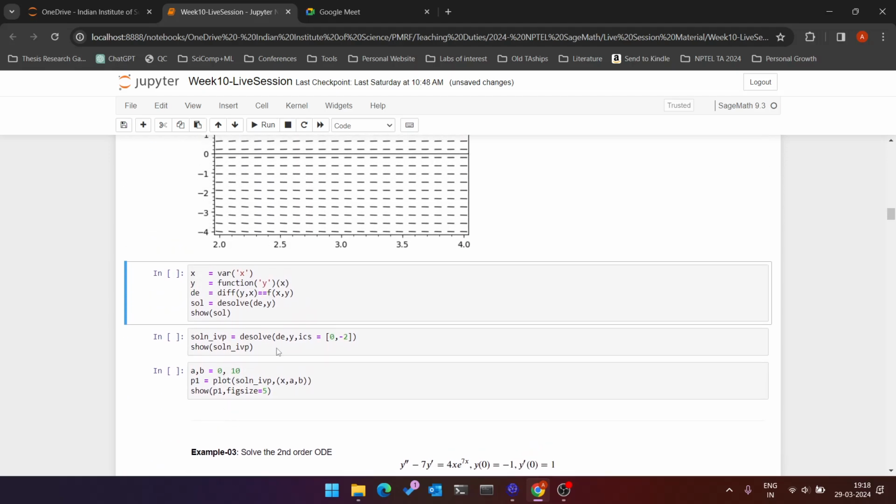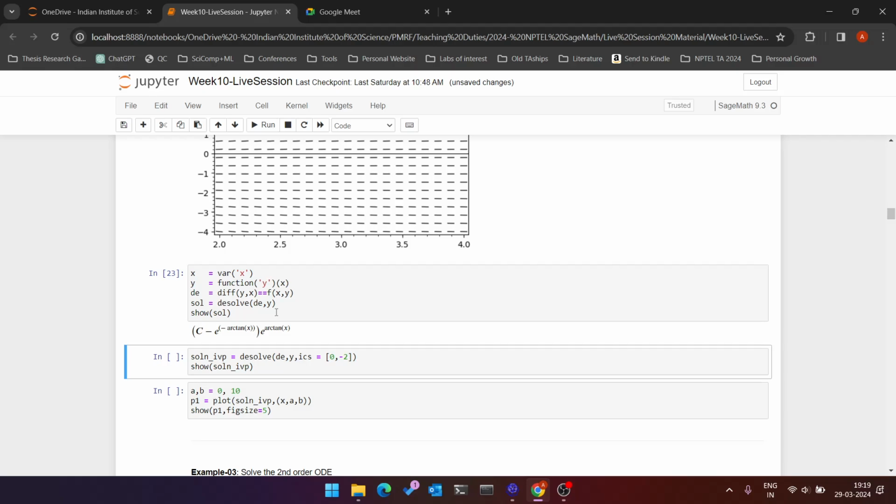Now we'll be solving this expression. First specify again the variable x for y as a function of x. Then the differential equation. If y comma x is equaling f of x, y, then we solve it using solve for the dependent variable y. And then we print the solution. The solution looks something like this.